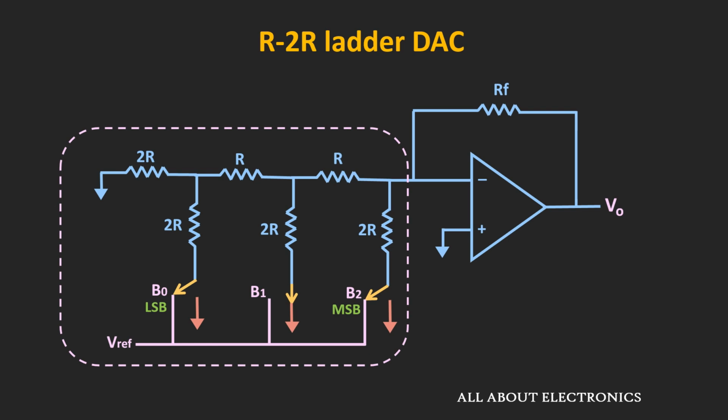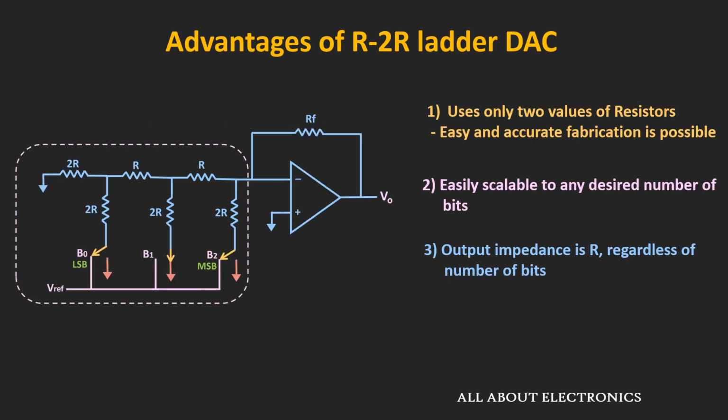As you can see, this type of DAC uses a resistive ladder network, and this ladder network contains only two types of resistors. And this DAC has certain advantages. The first is, as it contains only two types of resistors, it is easy to fabricate these resistors with good accuracy. The second is, as it requires only two types of resistors, this circuit is easily scalable to any number of bits.